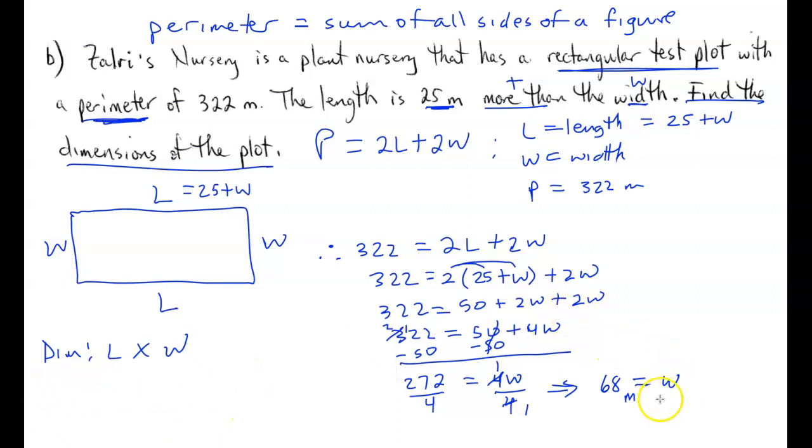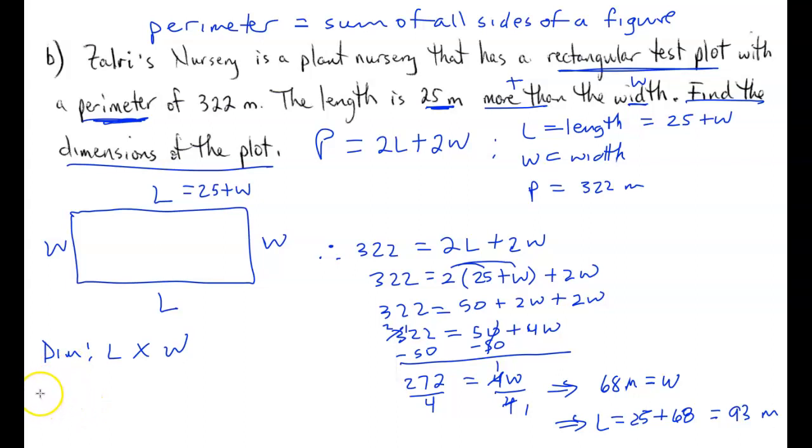So therefore, our width is 68 meters. I'm going to write that a little better here. So if that's the case, then our length is going to be 25 plus 68, and that'll end up being 93 meters.